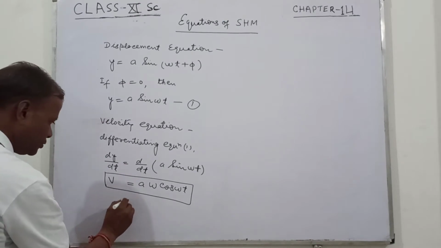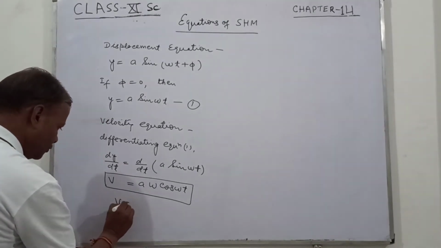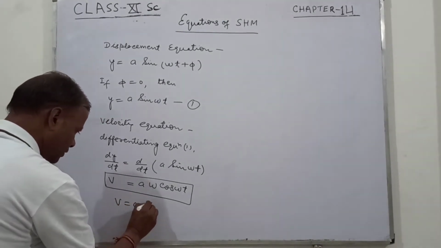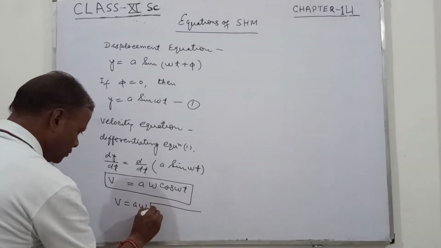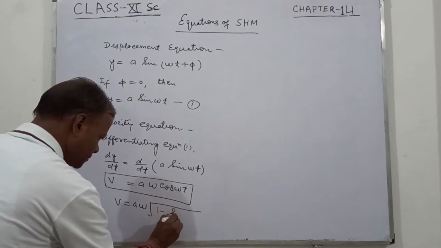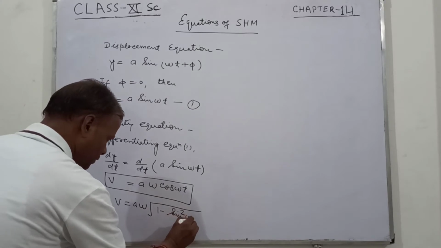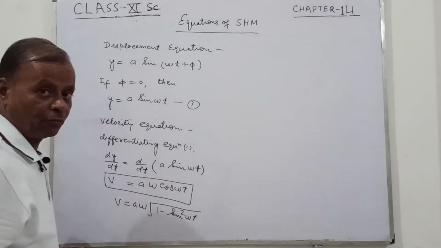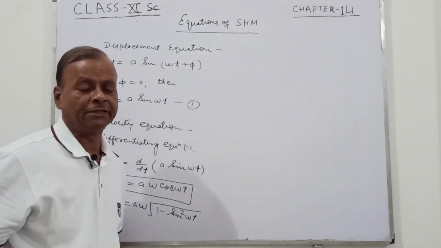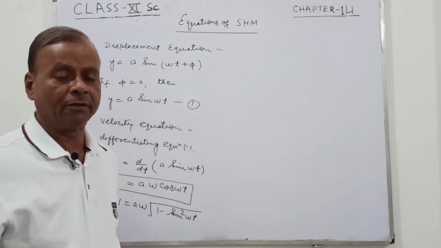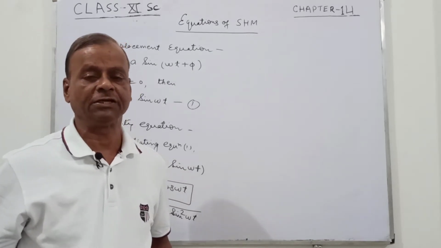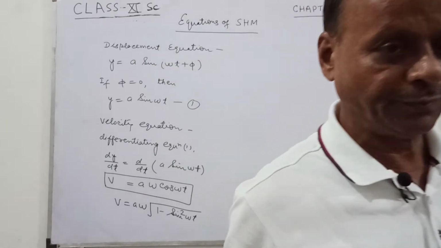Further you can write v equal to a omega square root of 1 minus sine square omega t, using the trigonometric relation sine square theta plus cos square theta equal to 1.